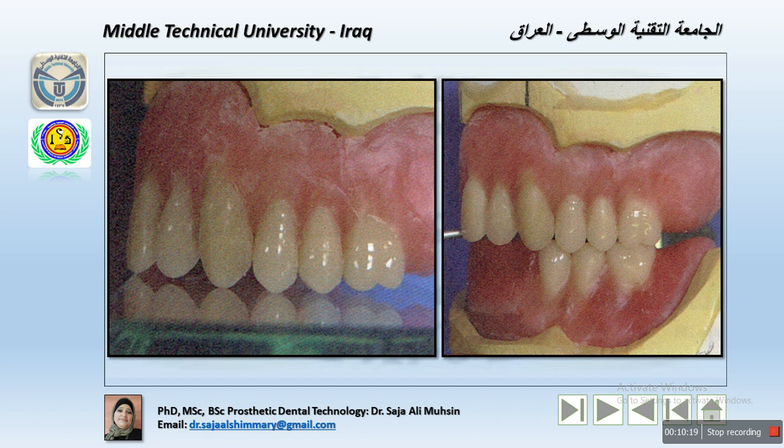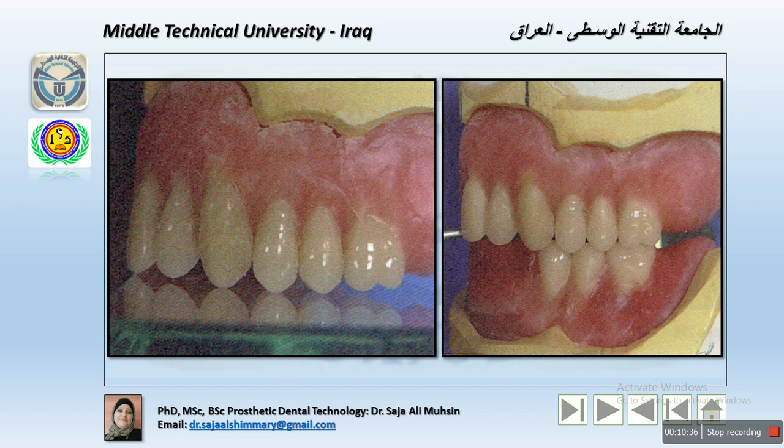Now, with the molar, the first molar tooth is positioned again with the mesopalatal cusp contacting the occlusal surface, and the remaining cusps lifted to continue the compensating curve started by the second premolar.